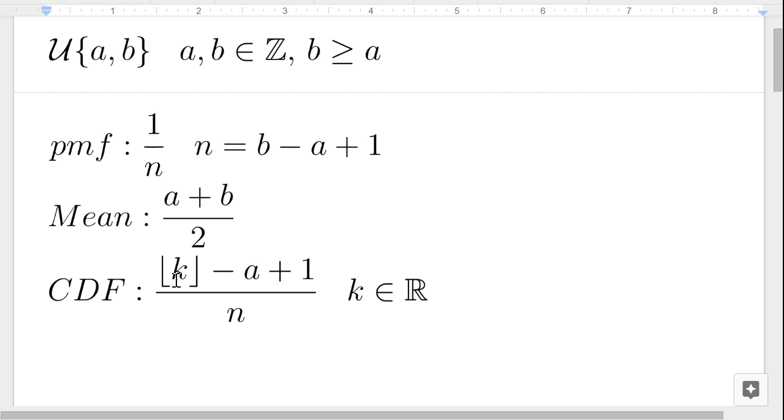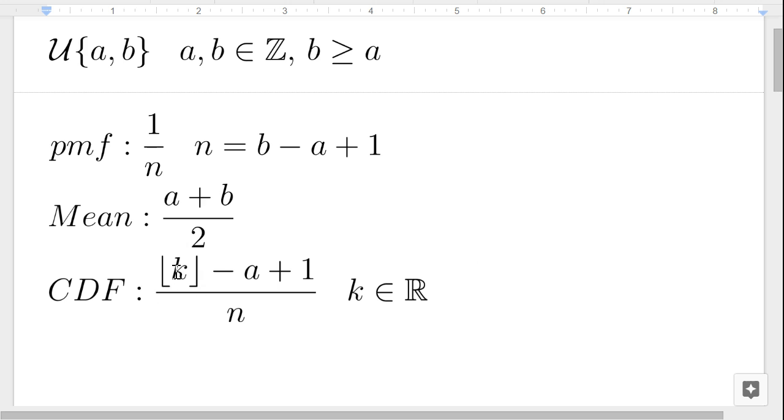So anything less than 1, so between 0 and 1, the floor of that is always going to be 0. Anything less than 1 will be 0, and then when you get to 1, it's going to be equal to 1. That's what the floor function does.